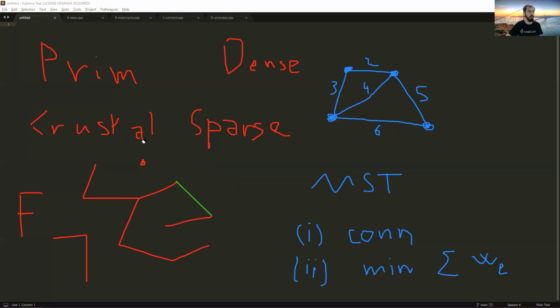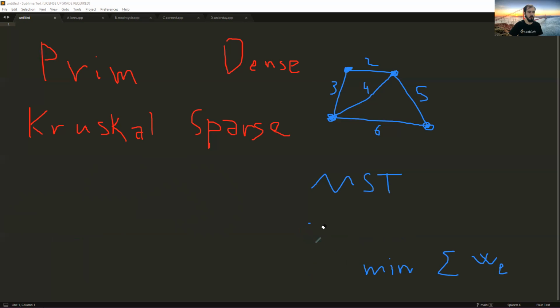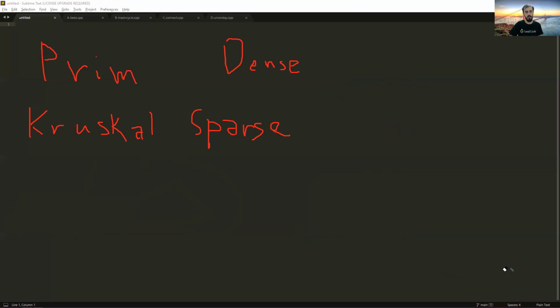Kruskal's algorithm runs in time, yeah, let me remove unnecessary things. Kruskal runs in big O of n log n, where n is actually the number of edges, right?